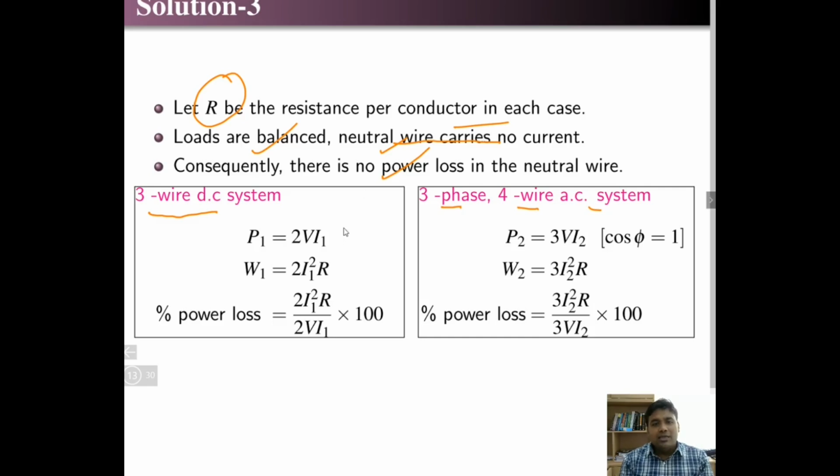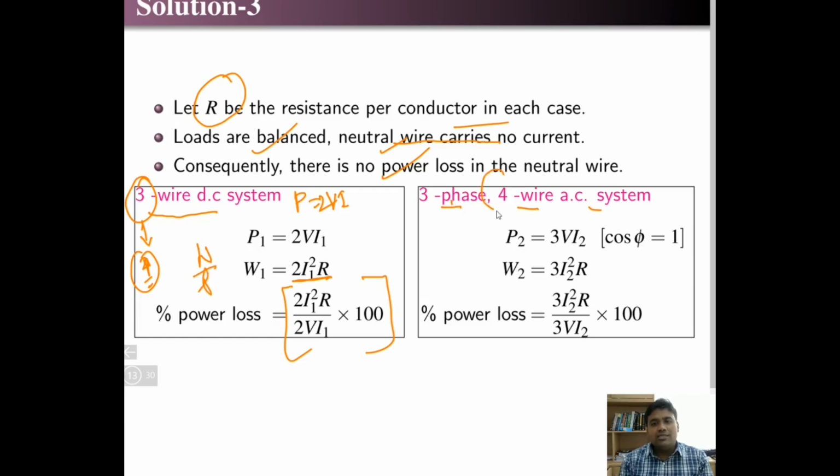Power in a DC system is voltage into current, but since you have 3 wires where the neutral wire has no current flowing, it is 2 times the voltage into current, and loss again will be 2I1 square R. This is the percentage power loss which we find using loss divided by total power.